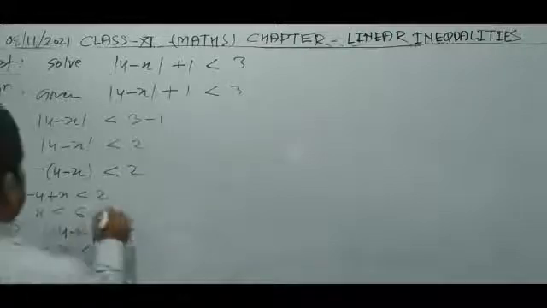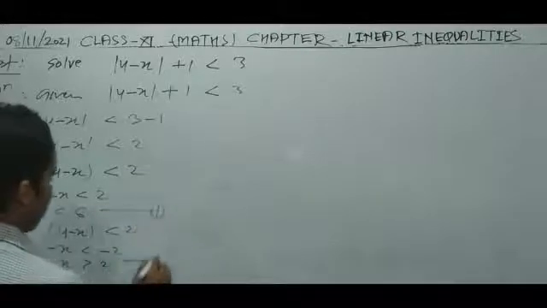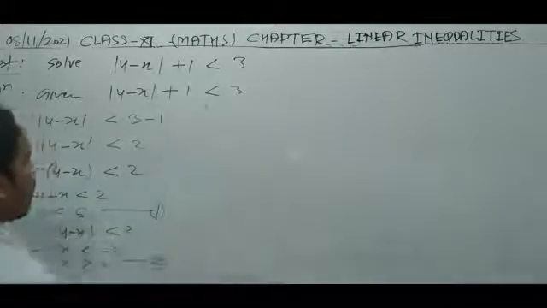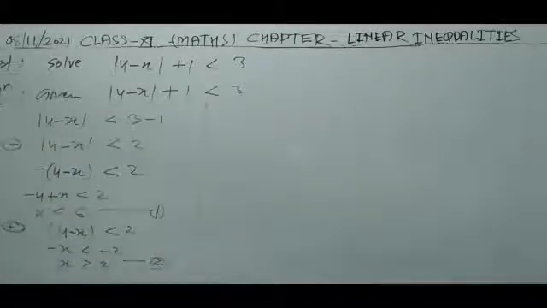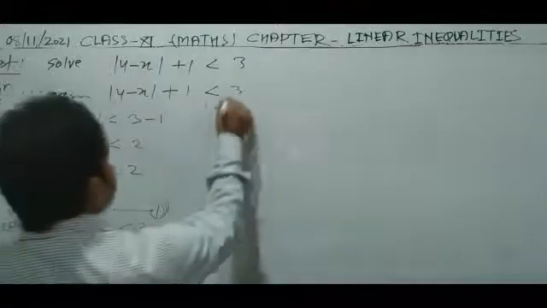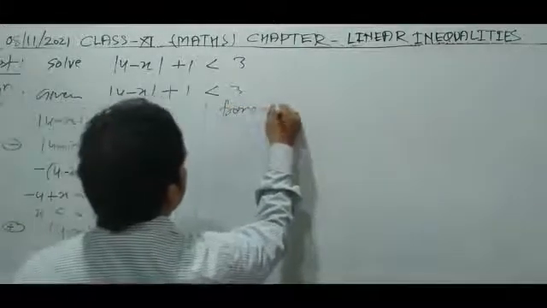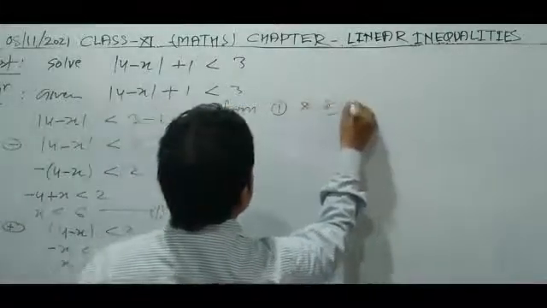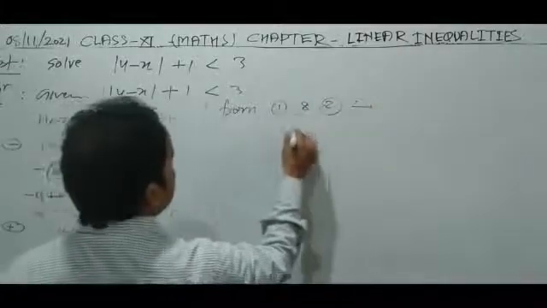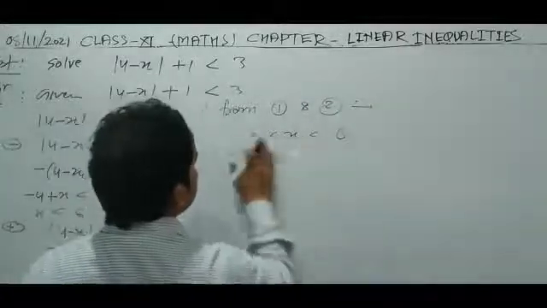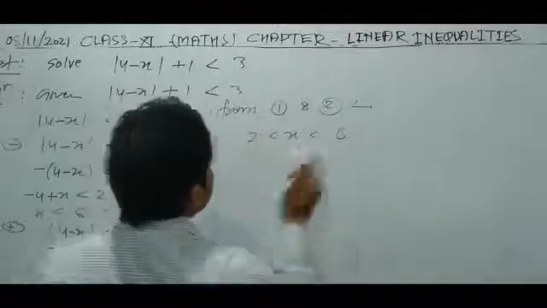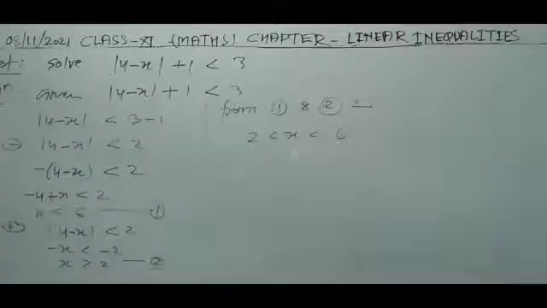So consider inequality 1 and inequality 2. From 1 and 2, combined we can write x is greater than 2 and less than 6.